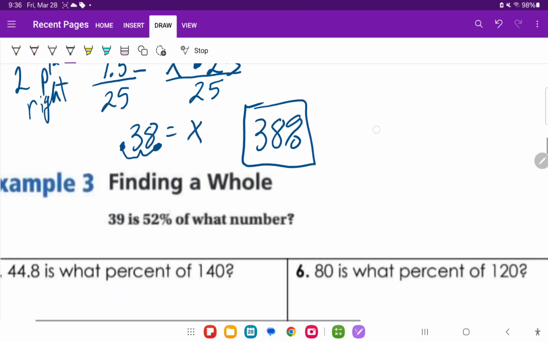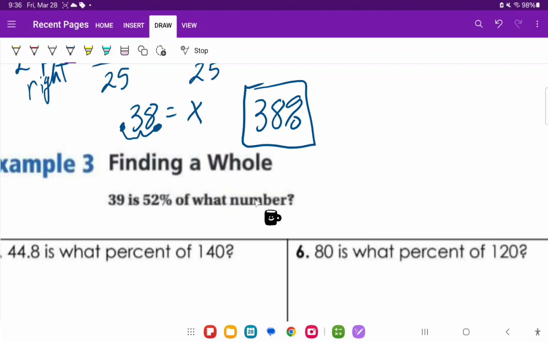Now, on this one, finding the whole. Let's write this out first. 39 is, and then move the decimal 2 places, 0.52. The of means multiply. And what number is our x?